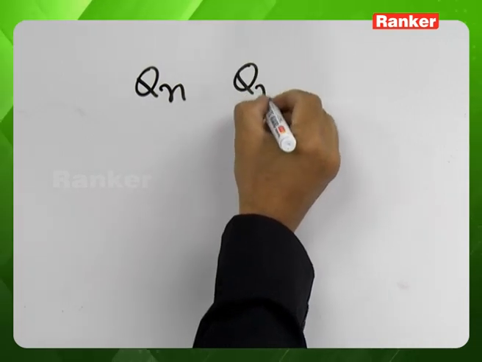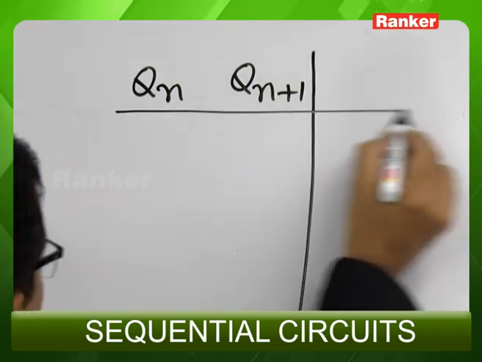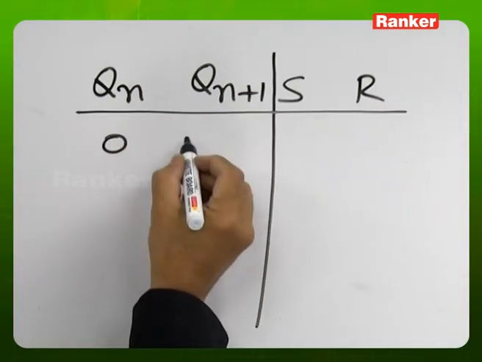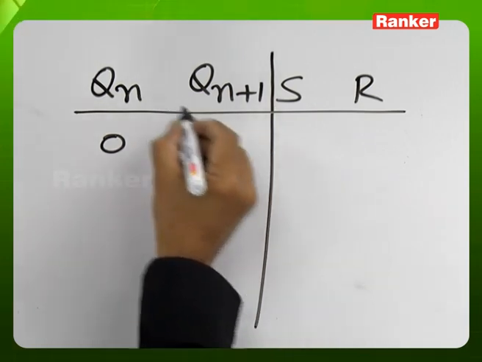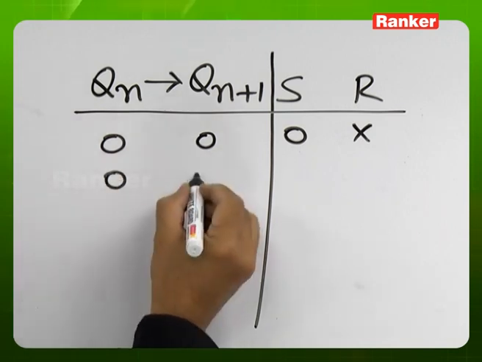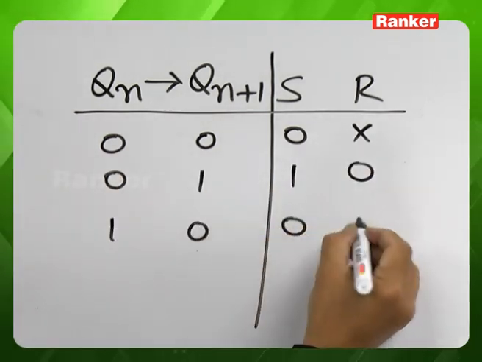excitation table. For 0 to 0 transfer, 0 don't care. For 0 to 1 transfer, 1 0. For 1 to 0 transfer, 0 1.